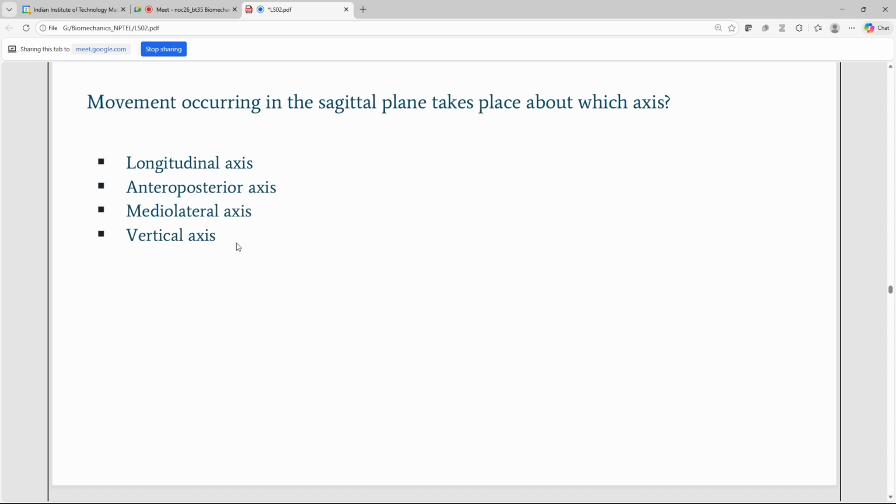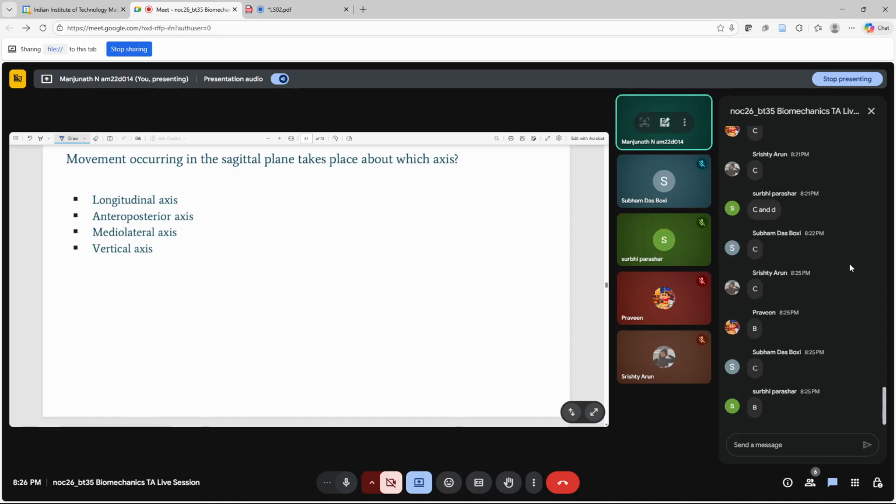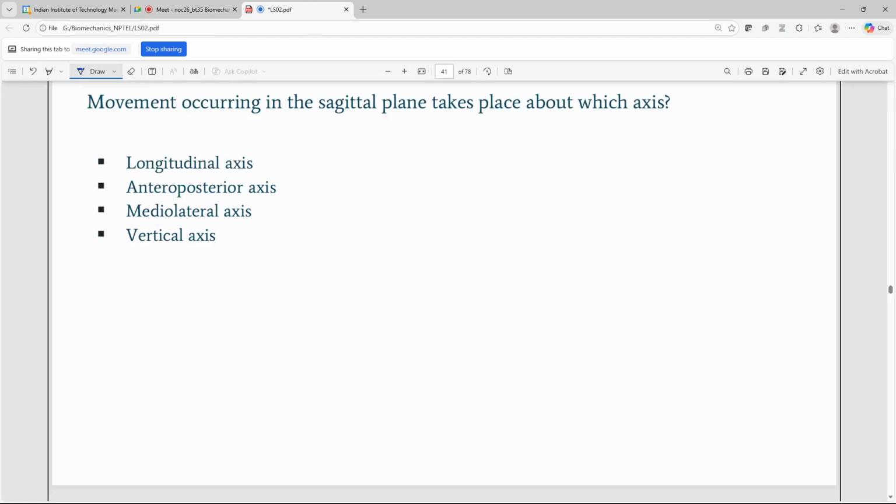Movement occurring in the sagittal plane takes place about which axis? Still confusion. Okay.